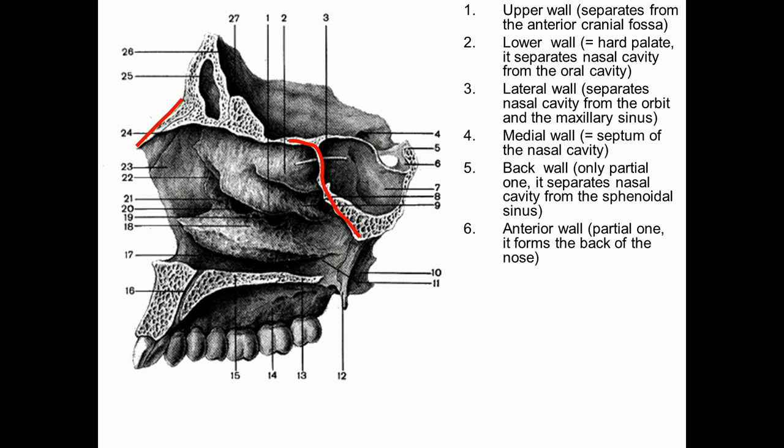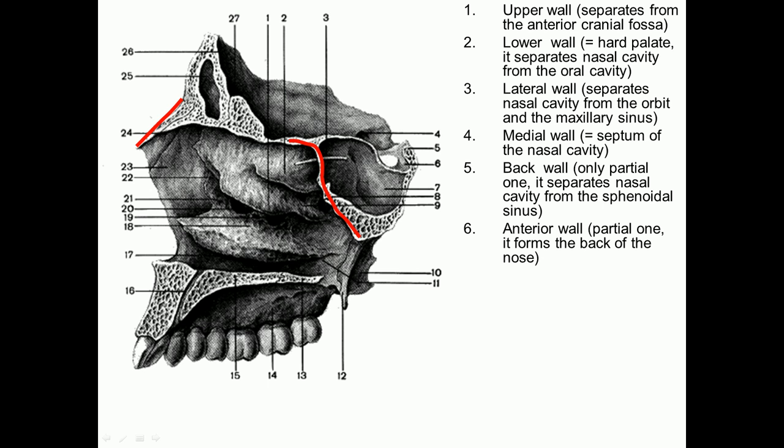And the sixth is the anterior wall. It's also partial. We can find it only in the upper part of the nasal cavity. We can say that it's the back of the nose, the nasal bone. So the nasal bone is the anterior wall of the nasal cavity.